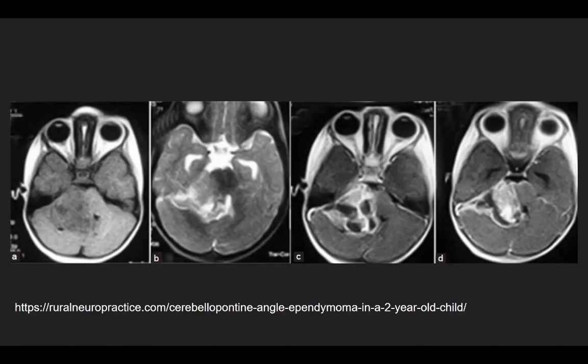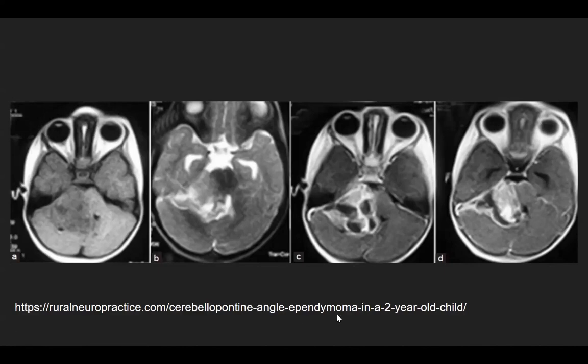What other differentials would you like to keep apart from medulloblastoma? Other differentials in the fourth ventricle with CP angle. I cannot think of much with this. I'm sorry to interrupt you, Dr. Sen.